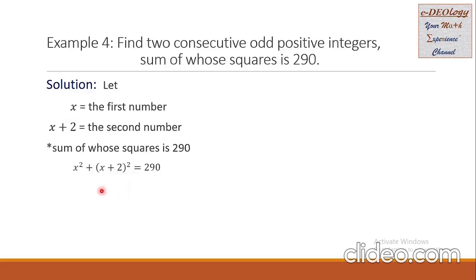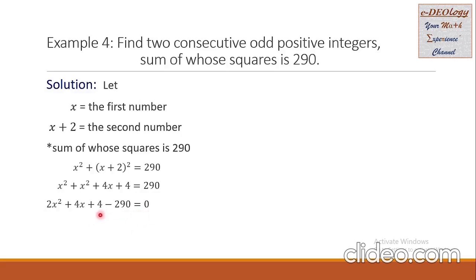Now let us simplify. Let us expand the x plus 2 with power square. So x squared plus 4x plus 4. Let us now combine x squared plus x squared. Then the 290 on the right, we will transpose to the left. So 2x squared plus 4x plus 4 minus 290 equals 0.